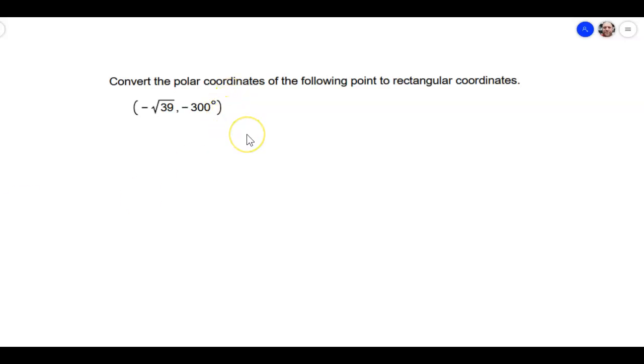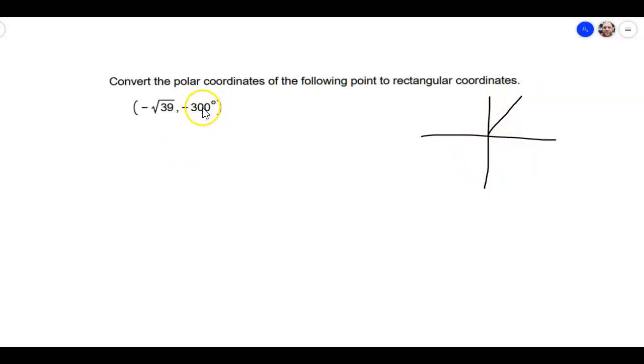This is from section 7.6, polar coordinates, and it said convert the polar coordinate of the following point to rectangular coordinates. So first of all, let's understand what this means. If you think about this point here, it's at negative 300 degrees, which if you were to start at 0 and go to negative 300, it's going to be this angle right here.